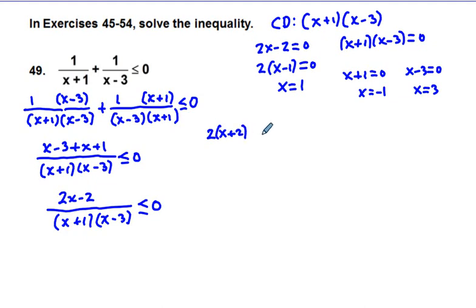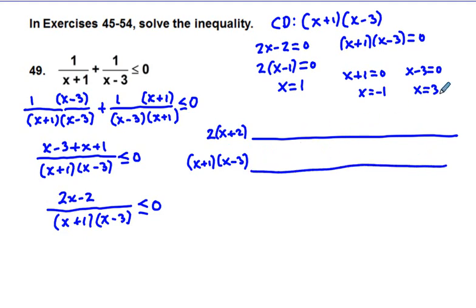And lining those out for the numerator, we have 2x minus 2, and I'm just going to leave this in factored form. So this is our number line for this expression here above, and then below we have quantity x plus 1 times quantity x minus 3, and then we list our critical numbers in order, and the lowest one we see is negative 1, which is represented in the denominator, and then we see 1, which is from the numerator expression, and then 3 again from the denominator, and we know where x equals 1, the value of the numerator is 0, and to the left we are negative for these placed in intervals, and to the right we are positive.